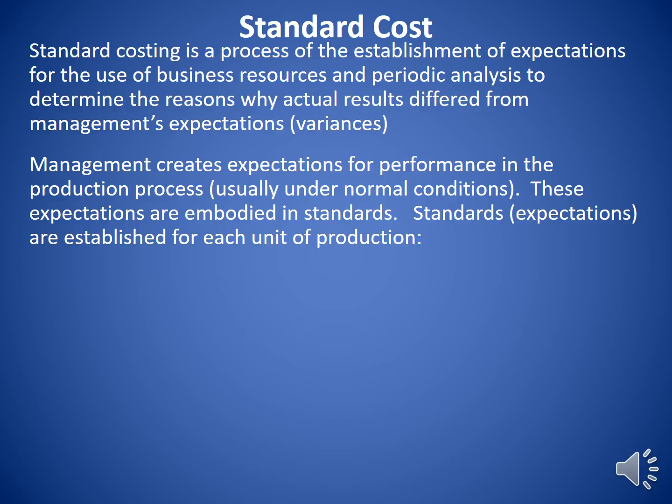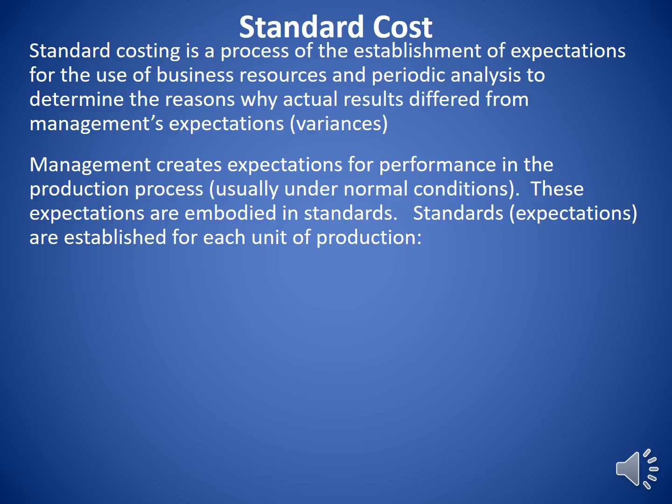Now, standard costing is a process where management establishes expectations about the use of its business resources, in this case a production process, and then subsequently performs periodic analysis to determine the reasons why the actual results of production differed from management's expectations, and we call these differences variances. You'll see that term come up many times during this presentation.